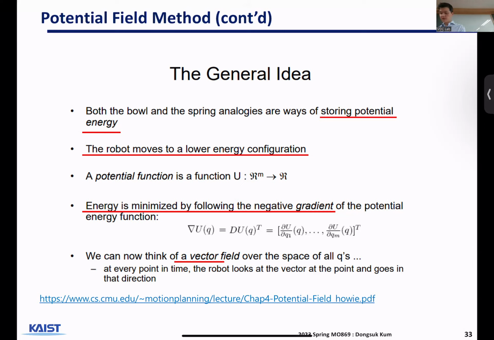So potential field methods, I think it's very intuitive. Like I explained, we create this energy field with high energy, low energy, and then after we construct this potential field, we can compute the gradient, and then that gradient tells you which direction to go, and the robot will follow that direction.